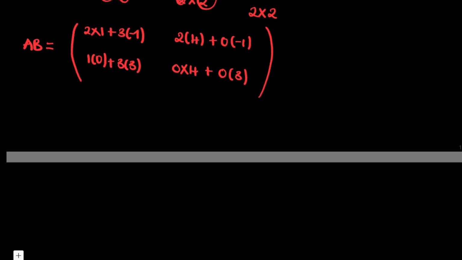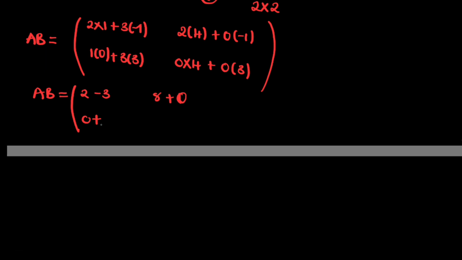So now we simplify it. 2 times 1 is 2. 3 times minus 1 is minus 3. 2 times 4 is 8. 0 times minus 1 is 0. 1 times 0 is 0 plus 3 times 3, which is 9. 0 times 4 is 0 plus 0 times 3, which is 0.